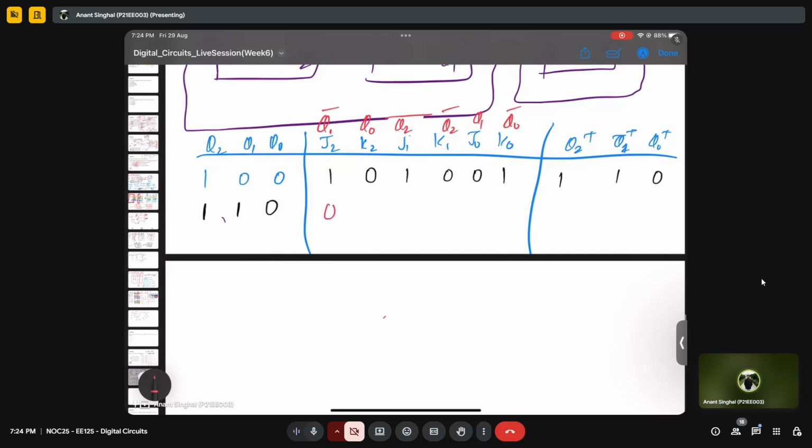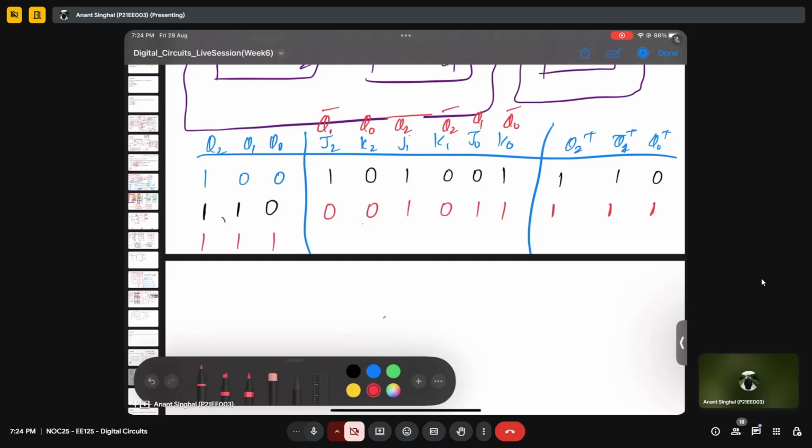So I'll write this again: 0 0 1 0 1 1. So now when it is 0 0, it holds the state, so it is 1. When it is 1 0, it's basically set, so it's 1, and 1 1 is the toggle, so it's 1. So now 1 1 1 is the next state.